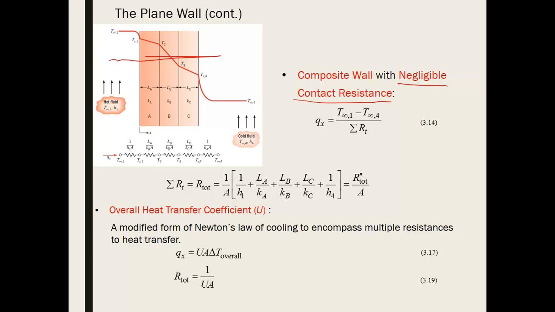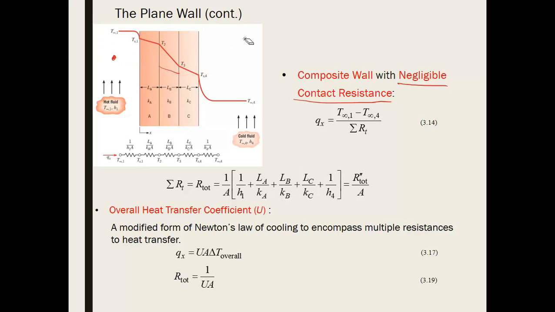In this case, there are 5 different thermal resistances that the heat must travel through to get from one room to the other. So it's going to have a thermal resistance of convection going from room 1 to the surface here. Then it's got to conduct through wall A, conduct through wall B, conduct through wall C, and then it has to convect into this other room on the right-hand side.